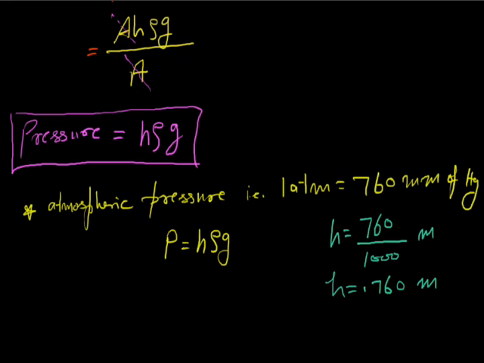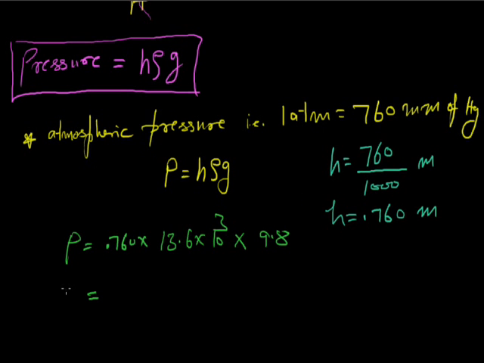So put the value: P is equal to H, which is 0.760, into rho, the density of mercury Hg, which is 13.6 into 10 raised to the power 3, and g is 9.8.